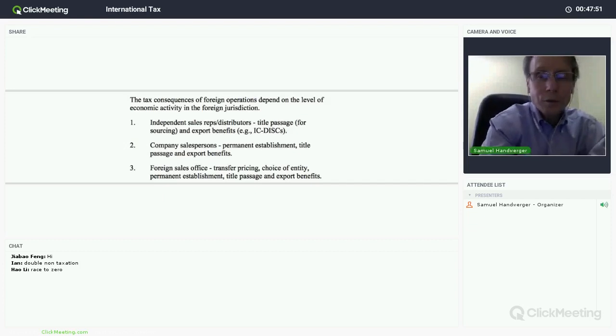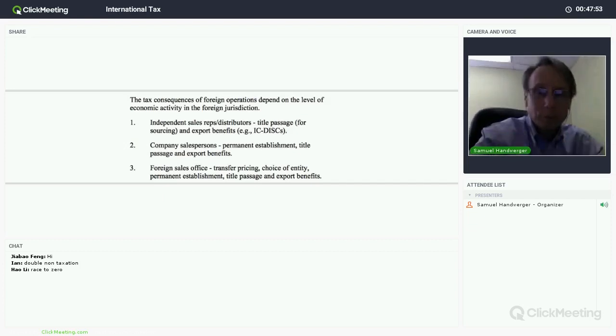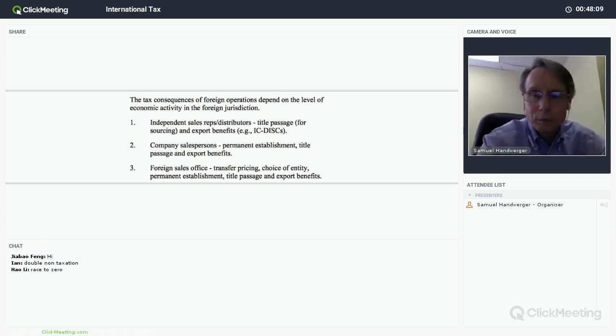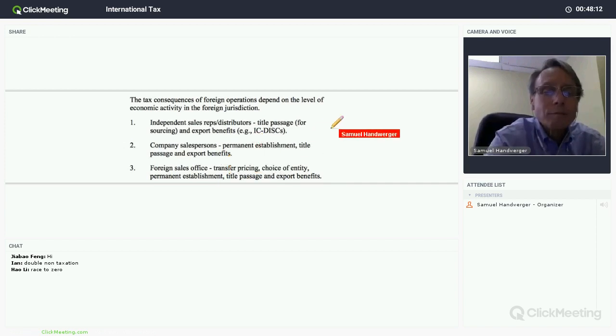So once we've moved from doing business just within one country's borders, we've crossed borders and we're doing business elsewhere. And the tax concept, and this really sums up what I was just saying.